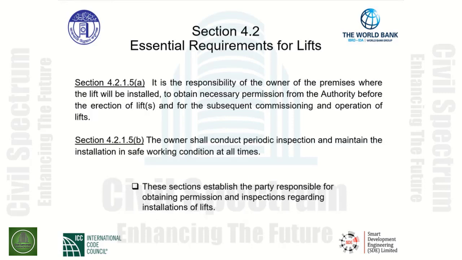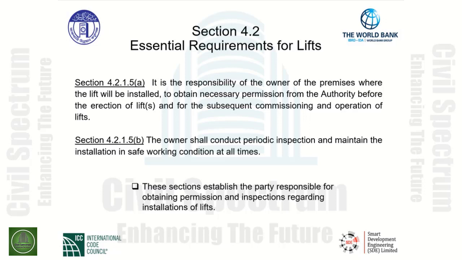Responsibility of the owner is given here in section 4.2.1.5, item A. It is the responsibility of the owner of the premises where the lift will be installed to obtain necessary permission from the authority before the erection of lift or lifts and for subsequent commissioning and operation of lifts.